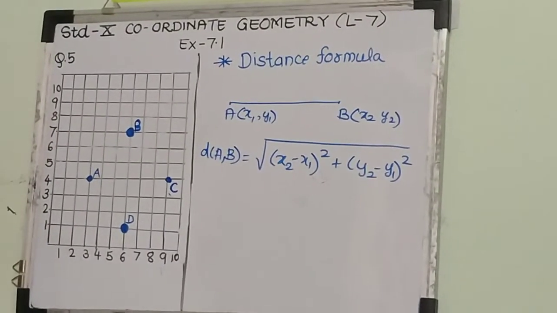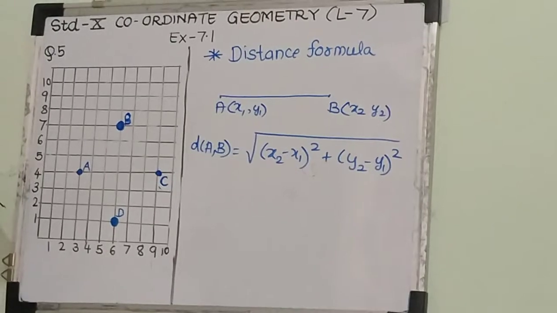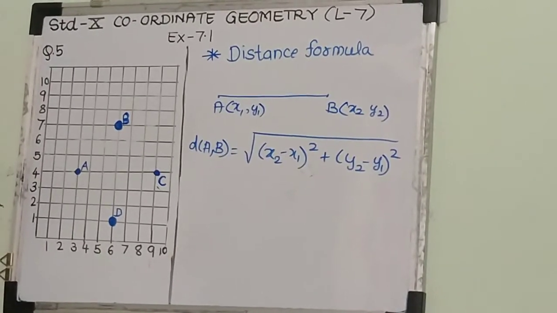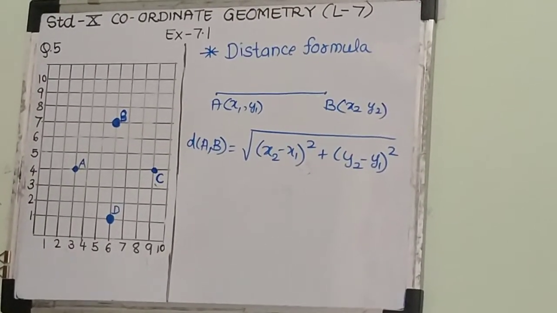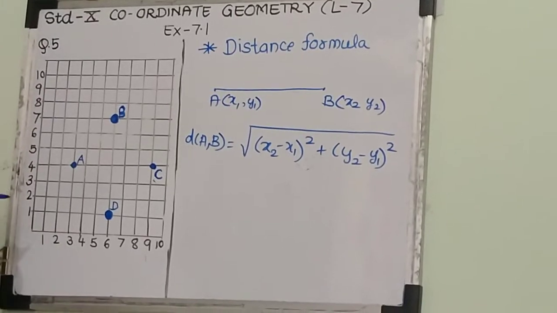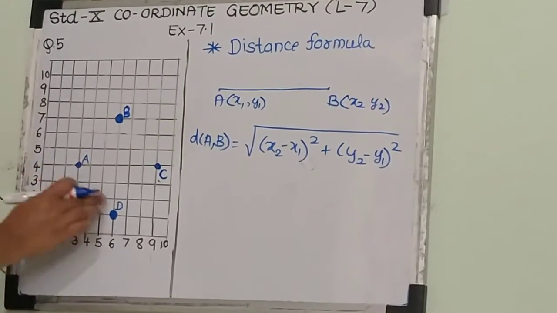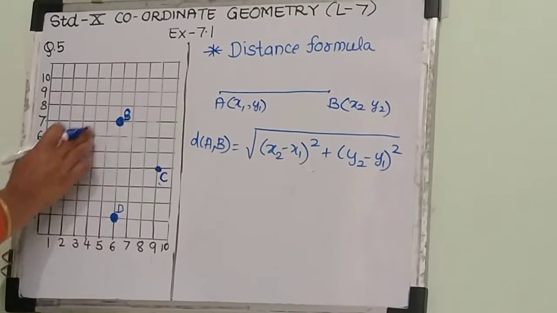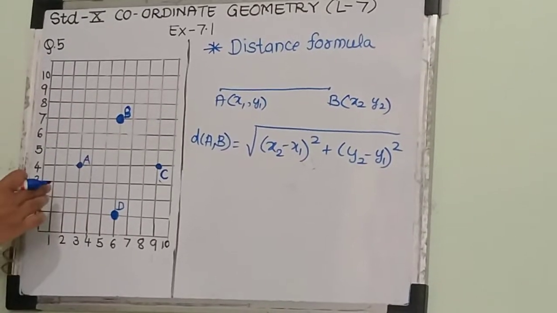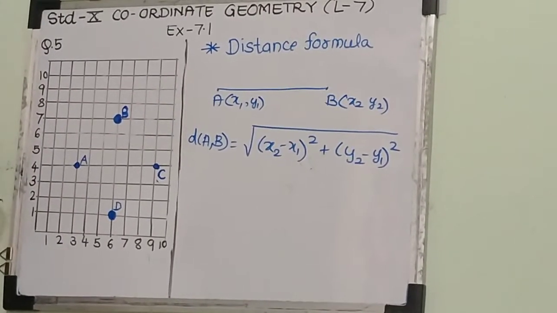In a classroom, 4 friends are seated at the points A, B, C, D, as shown in the figure. A, B, C and D are the 4 students sitting in the classroom.